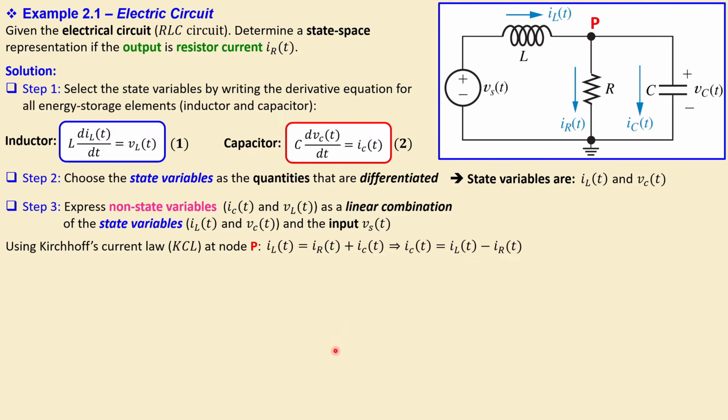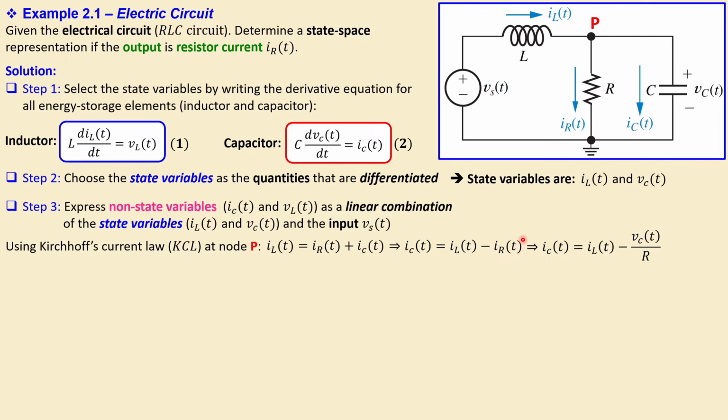Okay, moving on, IL is shown here, and IR and IC. Now, I can also write this in this form, so I can say IC is IL minus IR. Why do I do that? Because I want to have the expression for the non-state variables. This is one of them. We need to move on and look at IL and IR also. We know from Ohm's law that the voltage across a resistor divided by its resistance is its current.